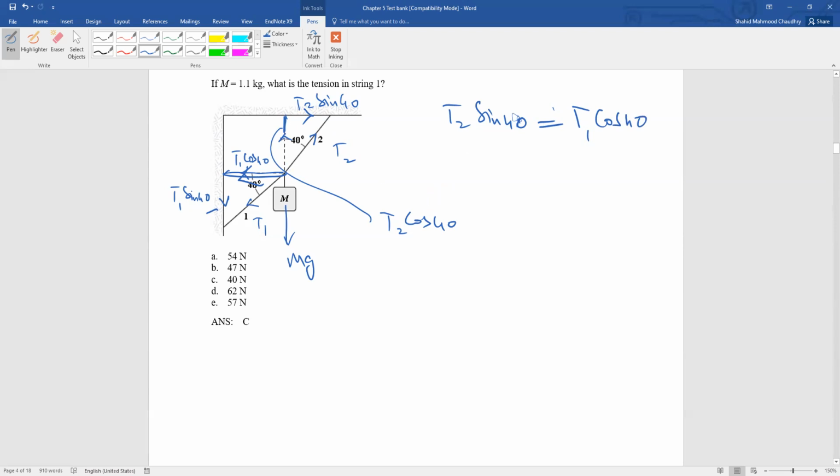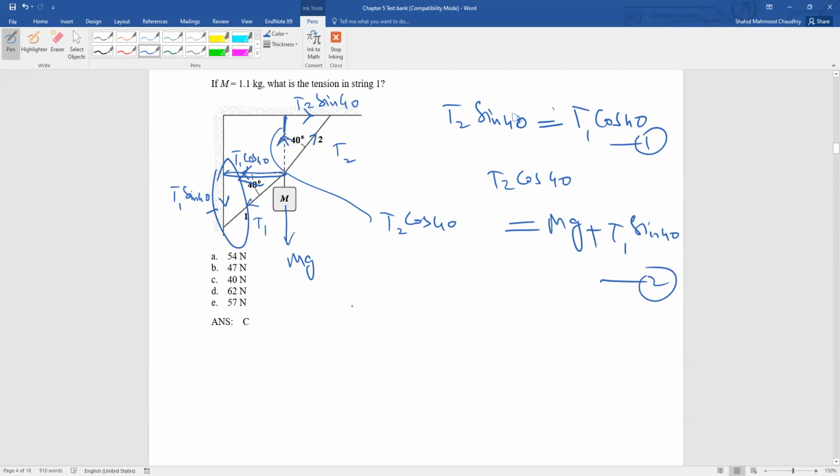Now write the equation along the vertical direction. Upward is T2 cos of 40, and downward is mg plus this component, which is T1 sine of 40. Now again we have two equations, equation number 1 and equation number 2. We need T1, so find T2 first. T2 is equal to T1 cos of 40 divided by sine of 40.